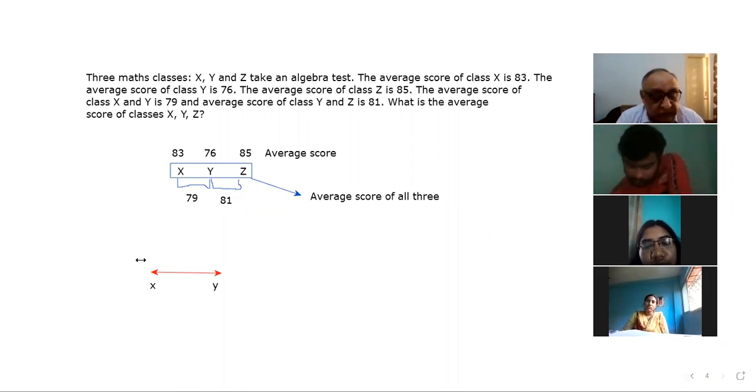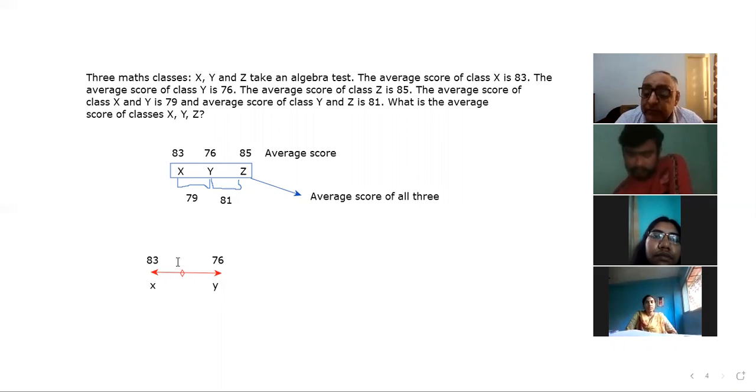And the average score of class Y is given how much? 76. Right. And the average score of both the classes taken together, that is how much? 79. I think it's given 79, X and Y average score.